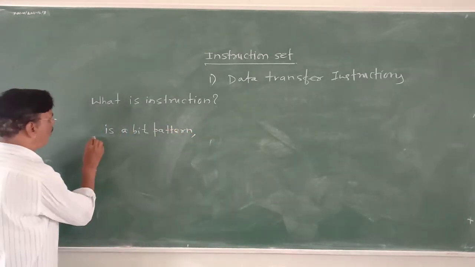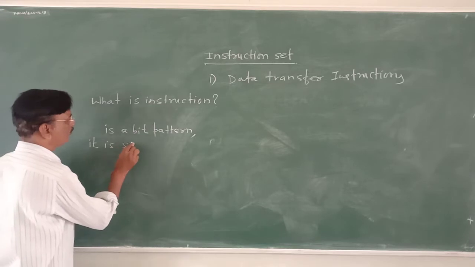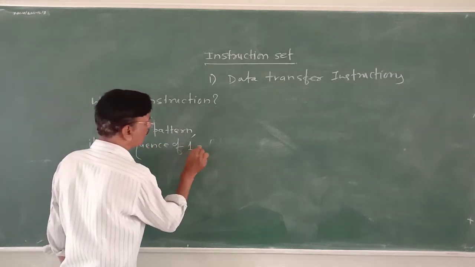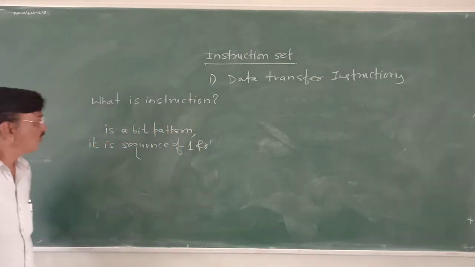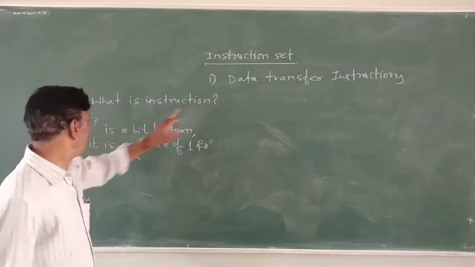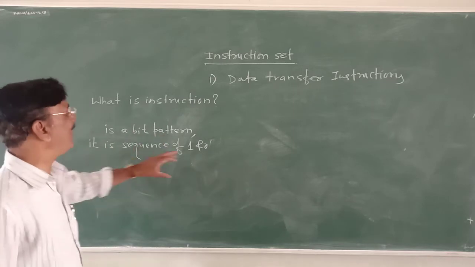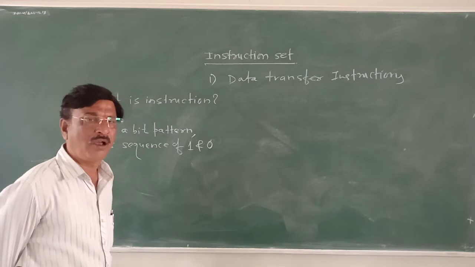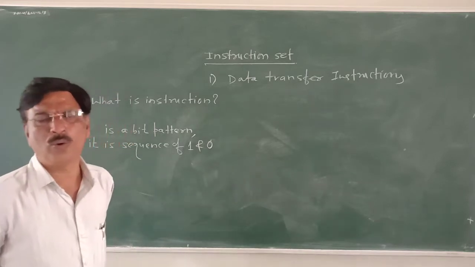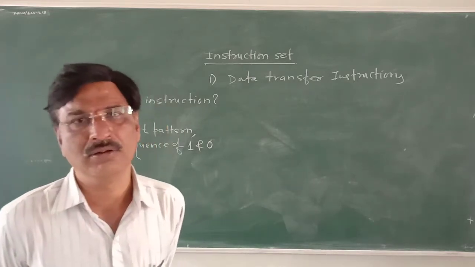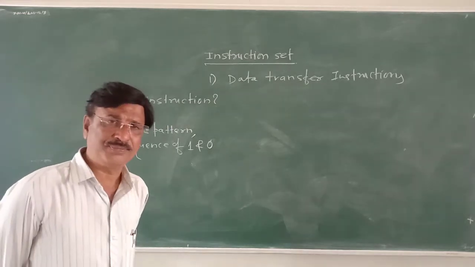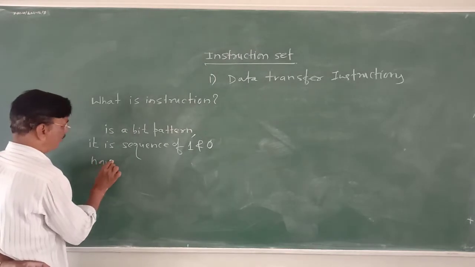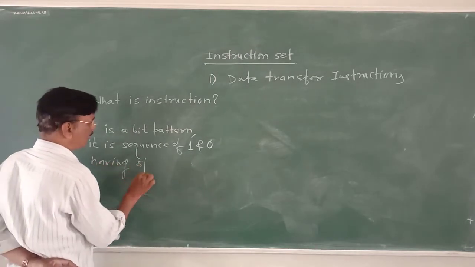What is instruction? Instruction is a bit pattern. It is a sequence of 1 and 0, but it has a specific meaning.